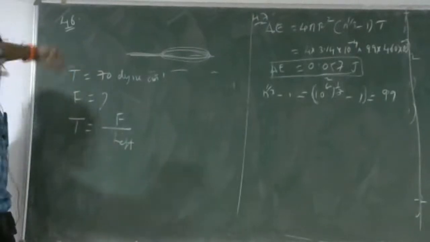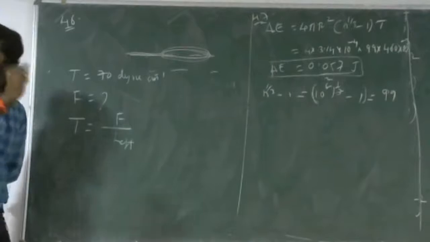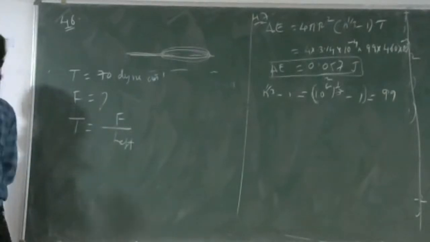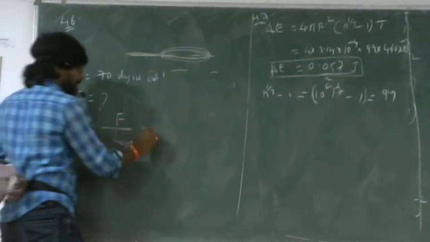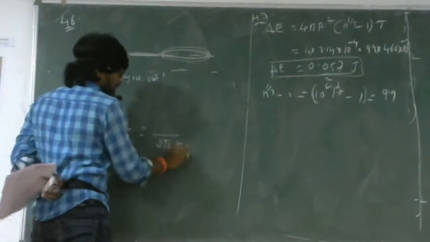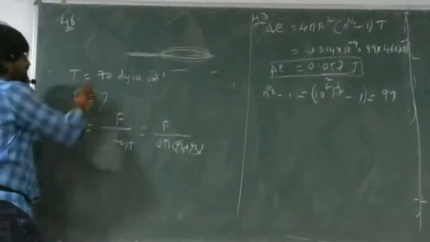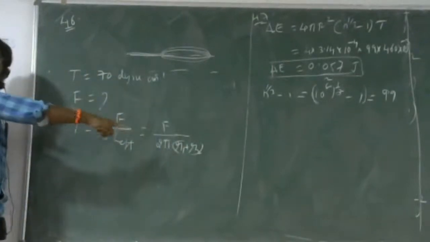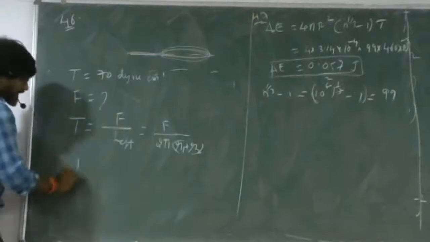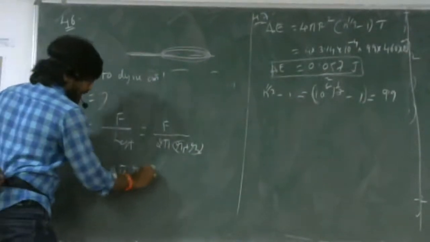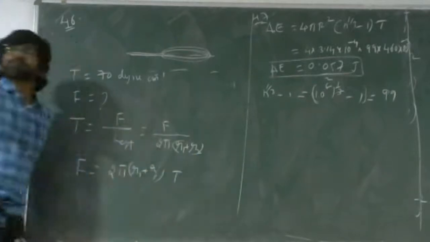So the effective length of the inner edge is the circumference 2 pi r1, and for the outer edge 2 pi r2. So L effective can be taken as 2 pi into r1 plus r2. Surface tension is given, and we are asked to find the corresponding force. So F is equal to 2 pi into r1 plus r2 into T.